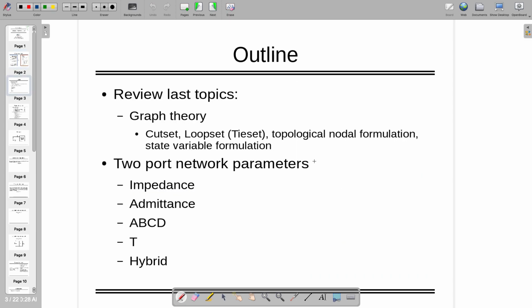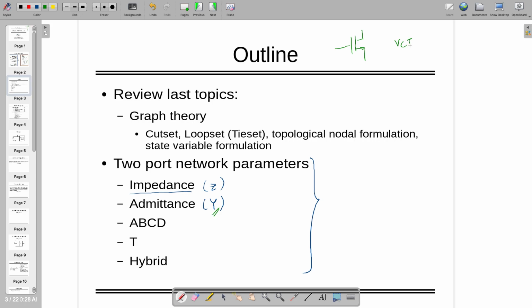right? So in two port networks you can have the following parameters. One is called impedance parameter or Z parameter, admittance parameter meaning Y parameter, ABCD, T and hybrid. So these are the different ways of writing the equations. We already looked at the admittance matrix, if you remember, using a transistor, by calling it VCT.